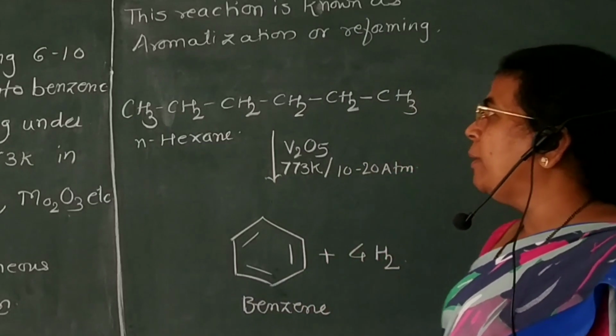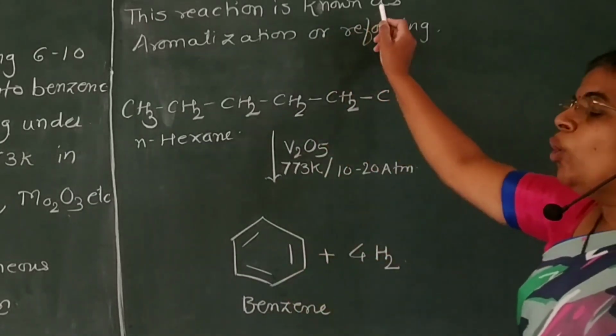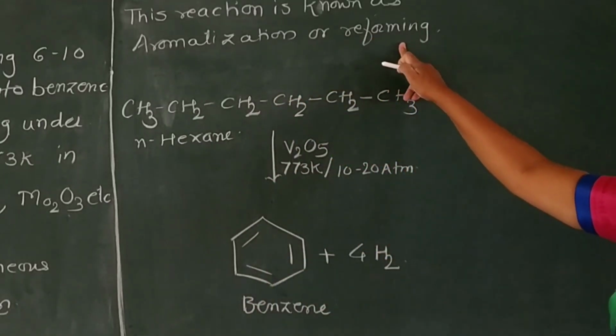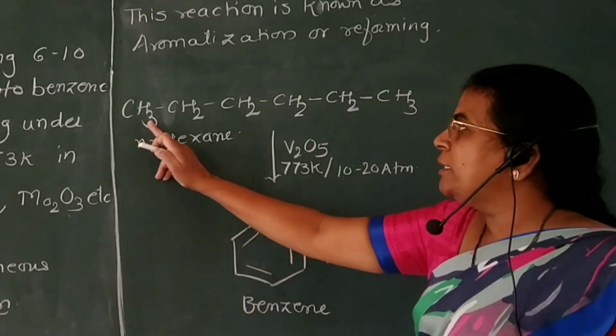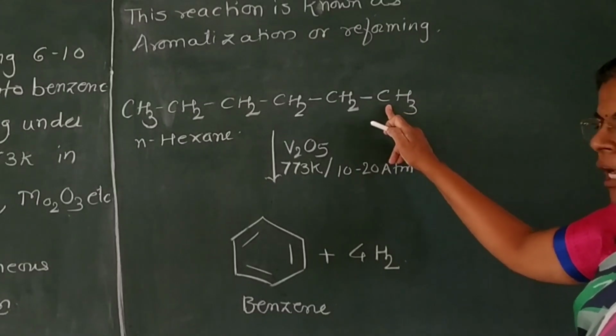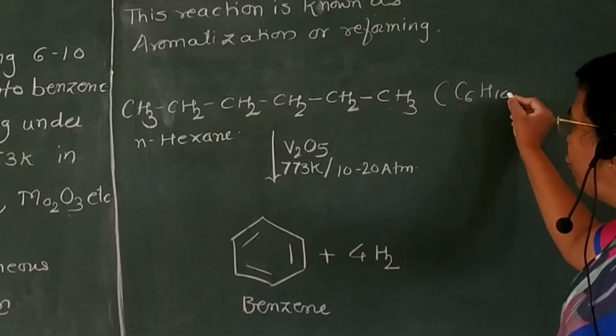For example, now this reaction is known as aromatization or reforming reaction. Now this is n-hexane, CH3, CH2, CH2, CH2, CH2, CH3, n-hexane having molecular formula C6H14.